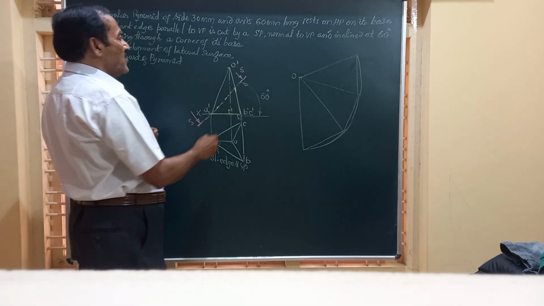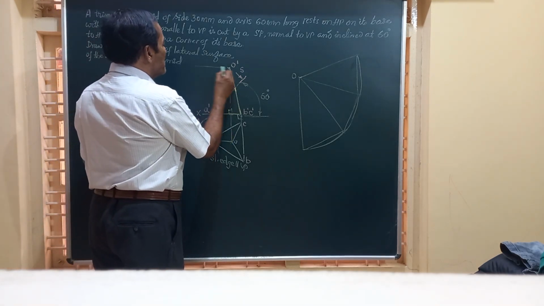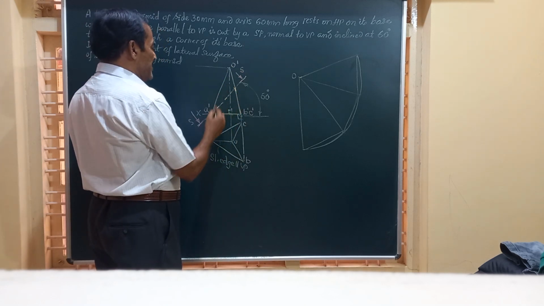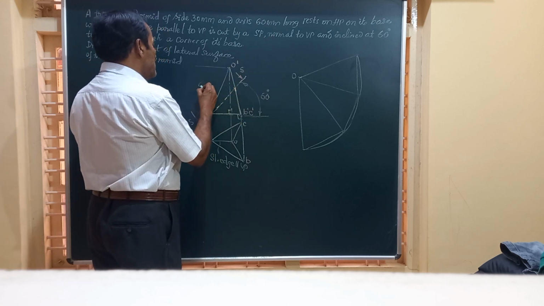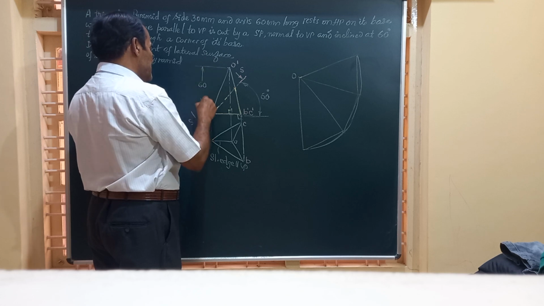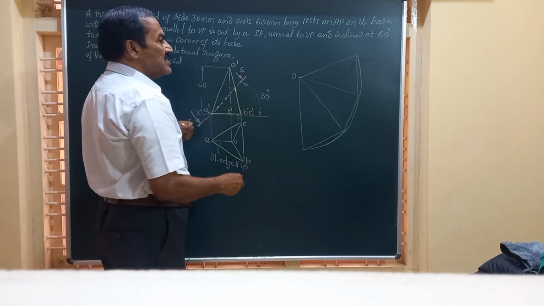And now we obtain the front view to the given height by projecting all these corners A, B and C to the front view. Here the height of the solid is 60 millimeter, so we have to mark that height in the front view. This is the height of the solid and this is how it looks in the top view.